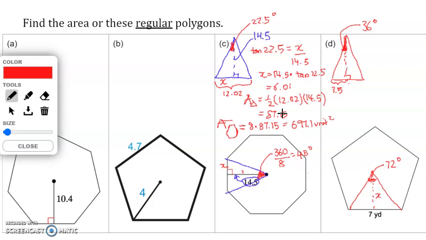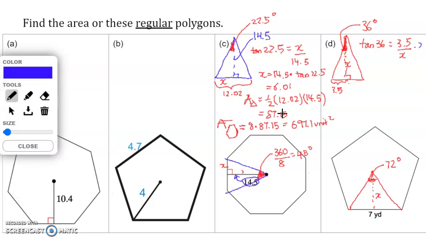So now I have an angle measure on the left-hand triangle and the opposite side length. What is the trig function that uses the adjacent side and opposite side? That's tangent again. So tangent of 36 is going to be opposite, which is 3.5, divided by x. Now the x is a denominator. What do we need to do in order to figure out the value of x?